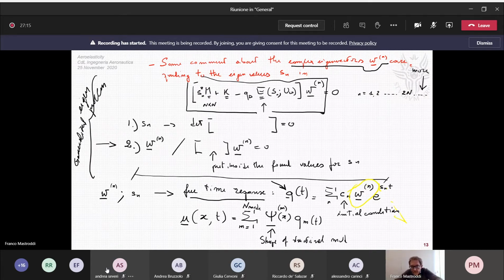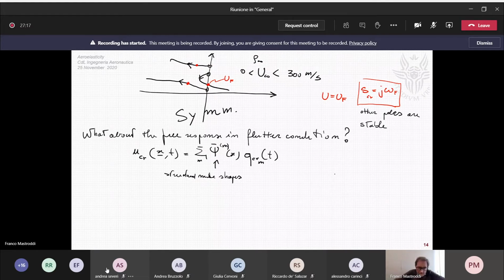So q critical can be defined as the following. We have that q critical is equal to the q critical vector, in the sense that here we have an index. So here we are indicating the array q critical, which is equal to the summation of Cn, as we told before, e to the power Sn t, times Wn.